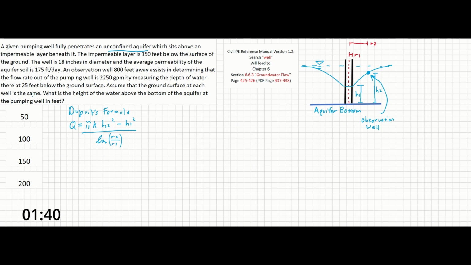So we have Dupuit's formula here, and we can see what information we've been given throughout the problem. Q has been given as 2250 gallons per minute. K is going to be our hydraulic conductivity, and that's been given at 175 feet per day. H1 is the height of the water above the bottom at the pump well perimeter.